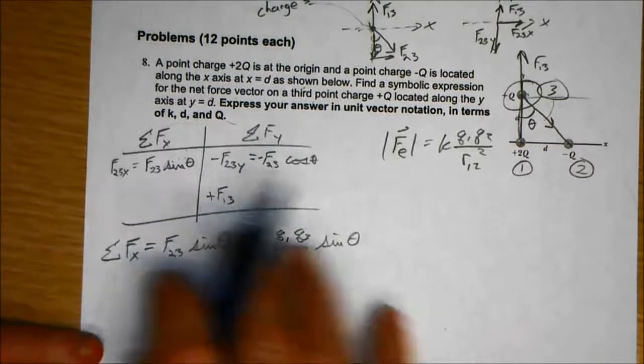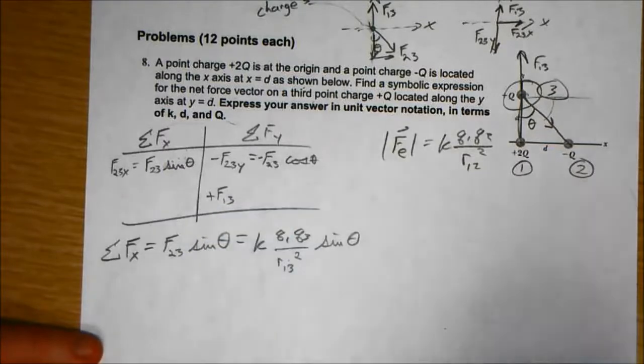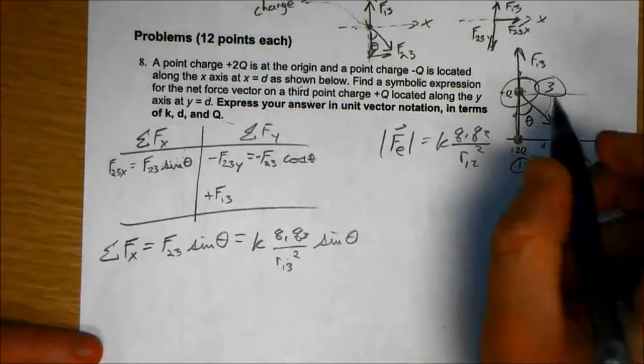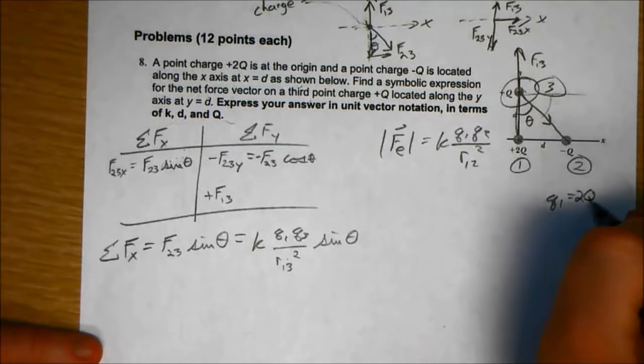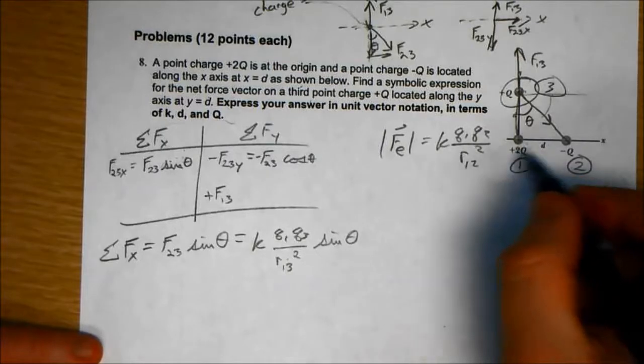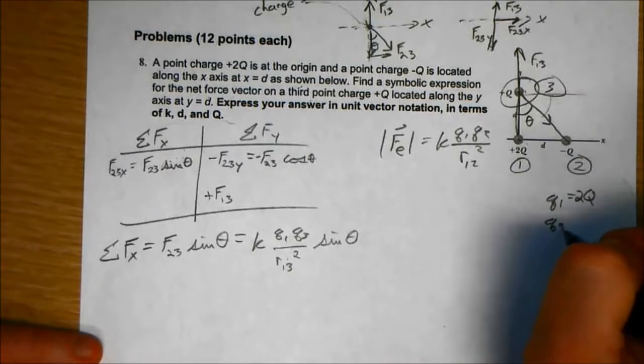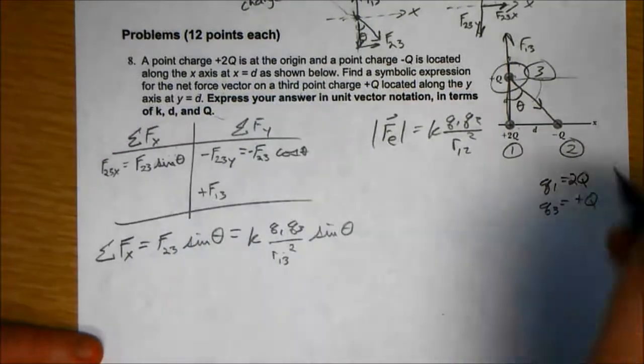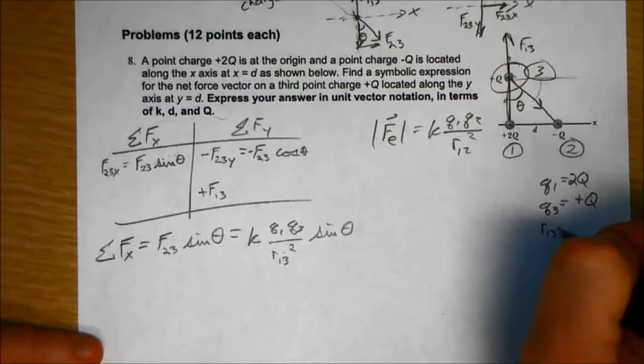So this is our generalized expression that comes from Coulomb's law. But now we note that Q1 equals 2Q, capital Q, because that's the magnitude of this charge, and Q3 is equal to capital Q. We know that R13 is equal to just D.